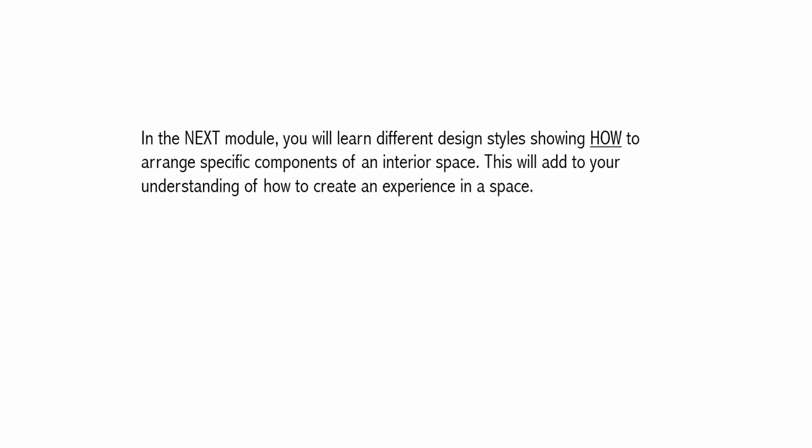And so we will add another set of vocabulary, which are the different interior design styles and a component of an interior space, which will hopefully be the bridge for you to be able to design on your own and not depend on precedent and design books and pictures from elsewhere.